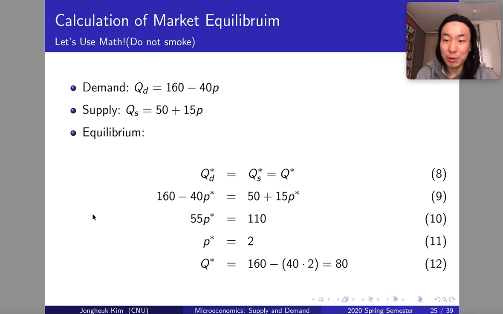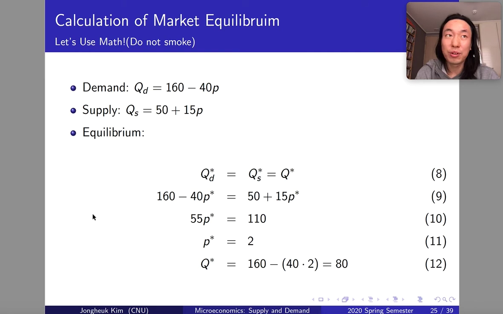So we can now talk about number 9. You can just equalize the demand function and the supply function and remove the Q part. So only the price part remains. So only one equation with one unknown variable. You can easily solve for it because this is a one-dimensional equation.